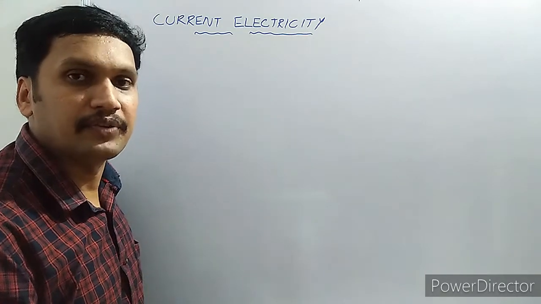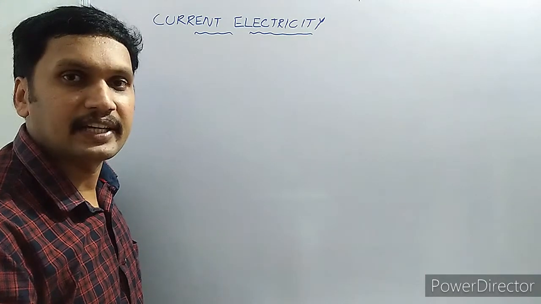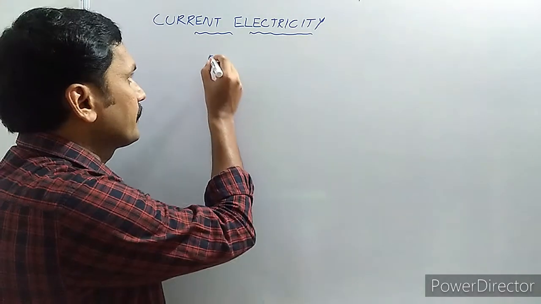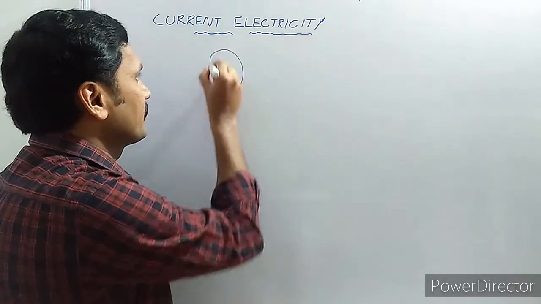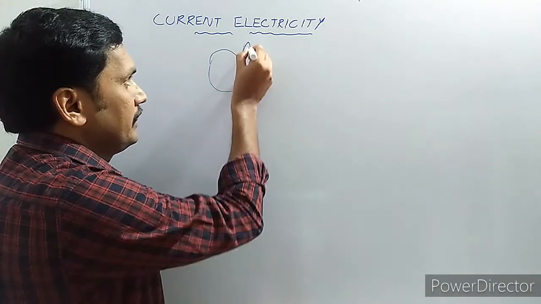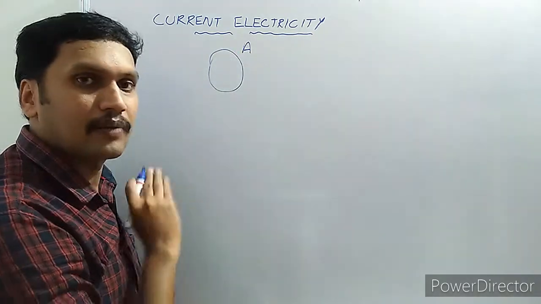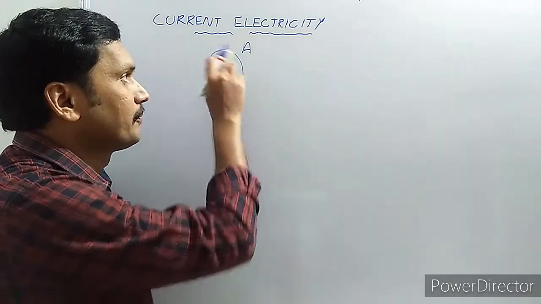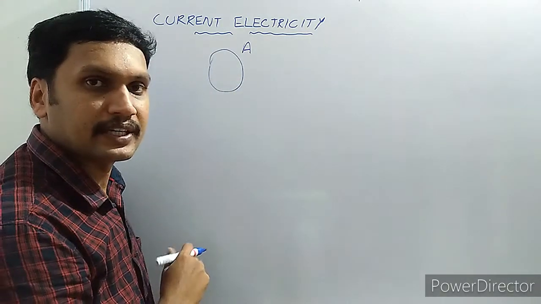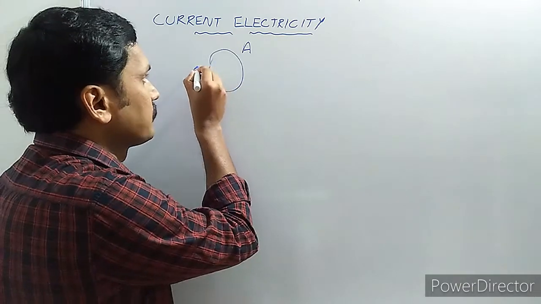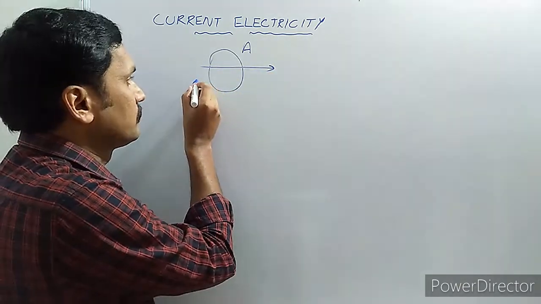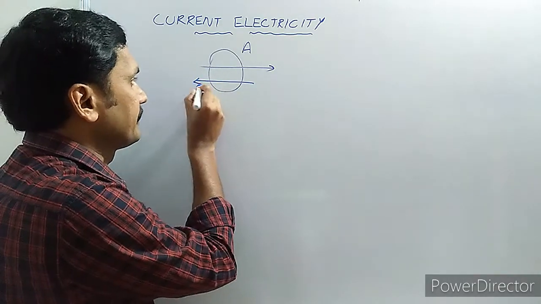First, we are trying to define what electric current is. For that, we have an area A, which is placed normal to the flow of electric charges, perpendicular to the flow. Some charges are flowing in the forward direction, some other charges are flowing in the backward direction.